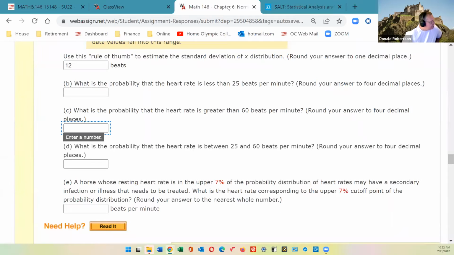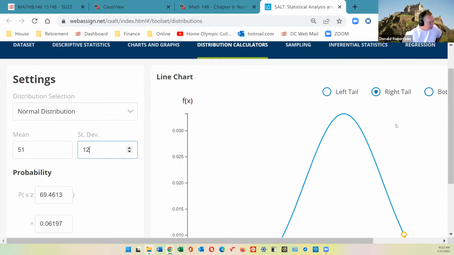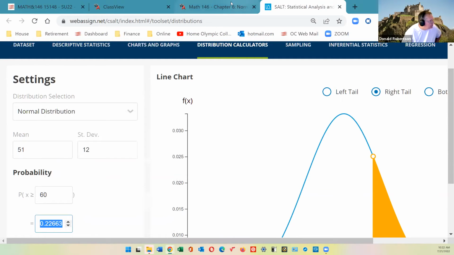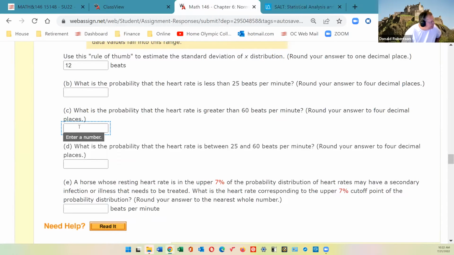And we want greater than 60, so right tail greater than 60. And the answer comes out about 22% roughly, and rounding off to 4 decimal places, we'd get that.